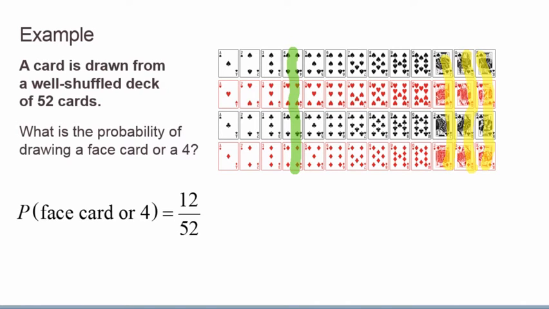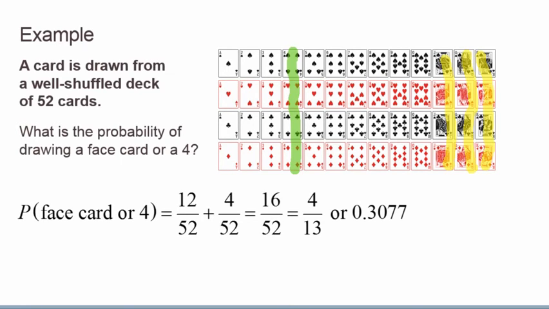So I want to add to that 4 out of 52. Drawing a face card and drawing a 4 are mutually exclusive events, so I can solve my problem by adding. 12 plus 4 is 16, 16 over 52, which reduces to 4 over 13, or 0.3077.